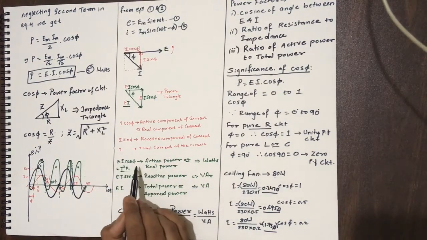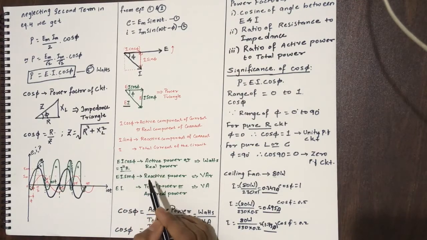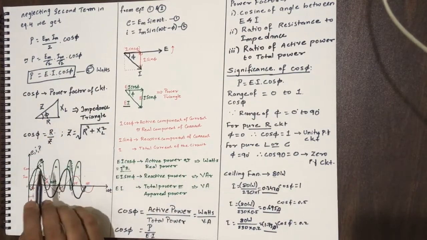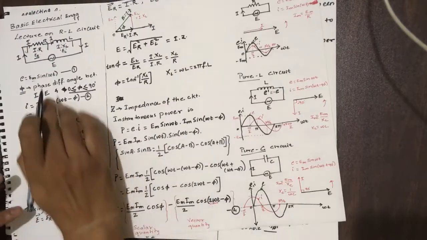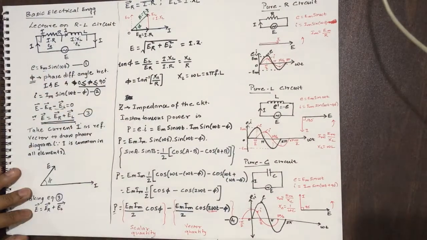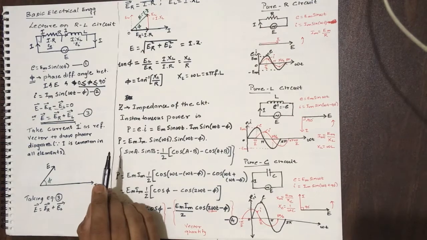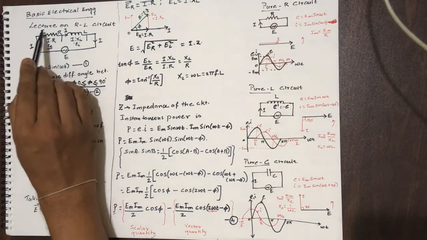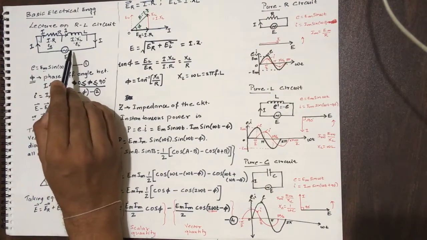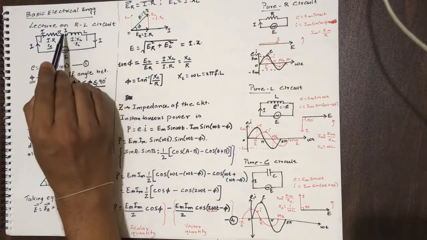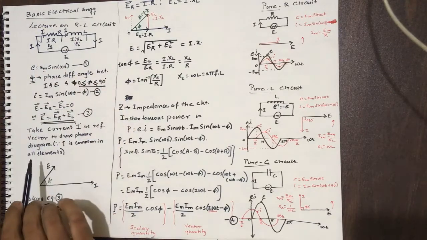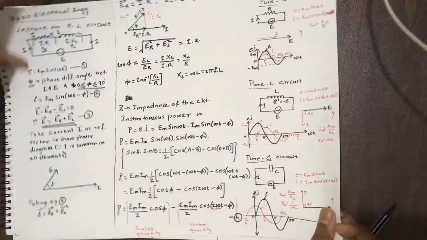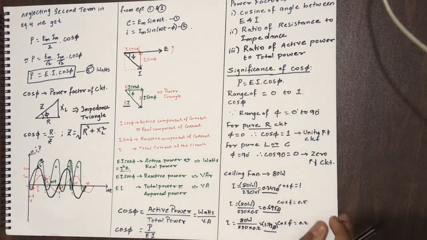Don't think that EI cos phi exists and EI sin phi exists somewhere else. It is coming from the same external source. This source E is giving out EI, that is the total power, of which there is some part EI cos phi, which is creating the power consumption in R, and EI sin phi, which is creating the magnetization or the energy storing of the electromagnetic field across L. So the same source is delivering both the powers in the system.